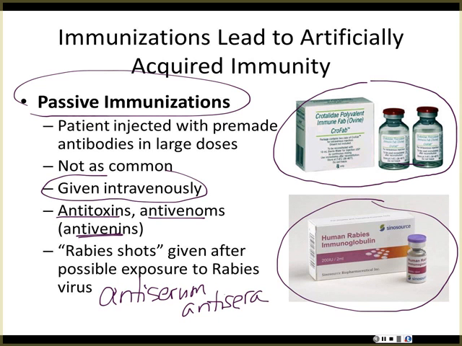Especially, let's say you get bitten by a rattlesnake and you receive antivenin against the rattlesnake. You get this Crofab stuff over here. I don't remember offhand which type of animal that's made in. And then a couple of years later, you get bitten by a rattlesnake again, and you have to receive these antibodies again. The first time you receive those, you're receiving these animal antibodies.